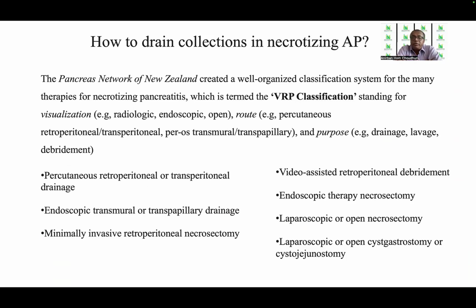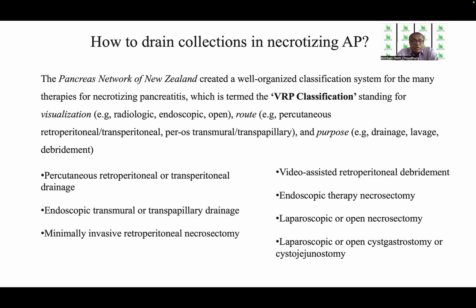As a rule, we don't drain routinely, but as I said in the beginning of my talk, when the pressure has been rising successively over hours or 1 to 2 days despite conservative medical management, that also is an indicator to drain the collections.